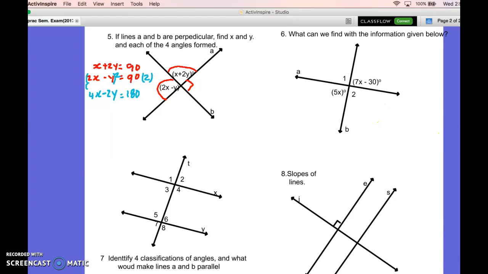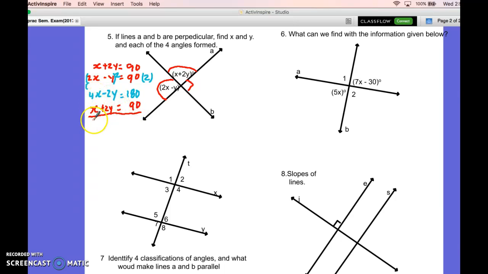So the first one will remain x plus 2y equals 90. That's this first equation here. Now we're going to add these two together, and we're allowed to do that.